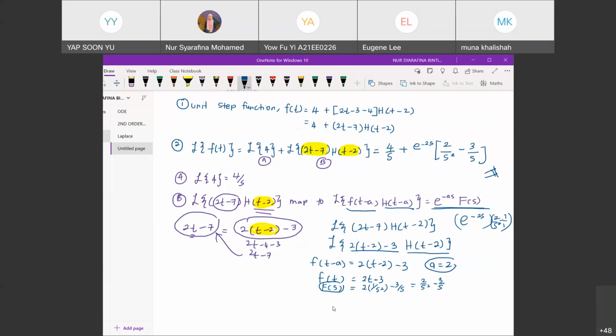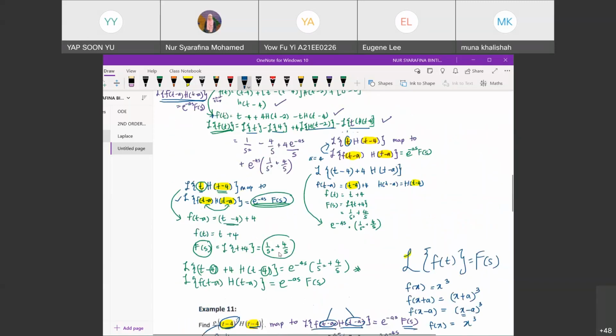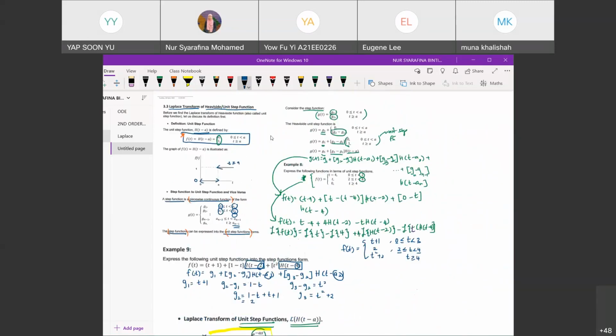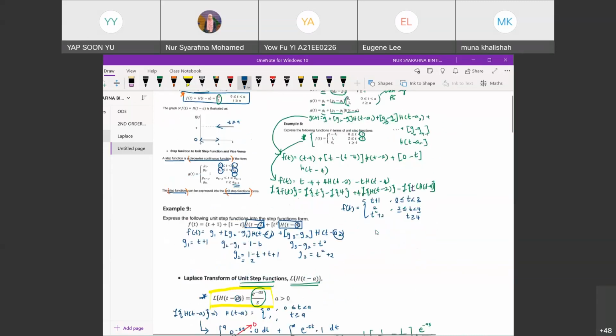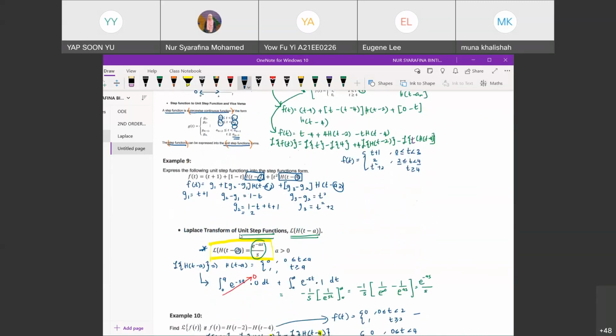Okay, all clear? So this is how we transform. Starting with understanding your unit step function first. Once you understand the unit step function, you can convert a step function or piecewise function to a unit step function. And then you can know how to transform a unit step function h(t minus a) alone.